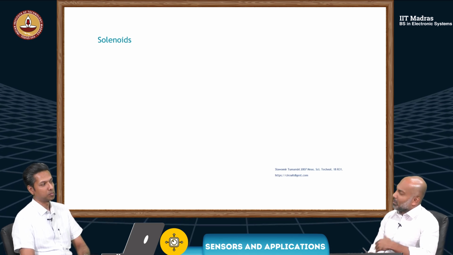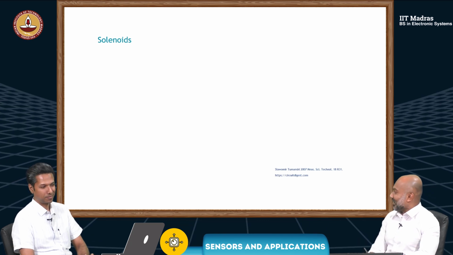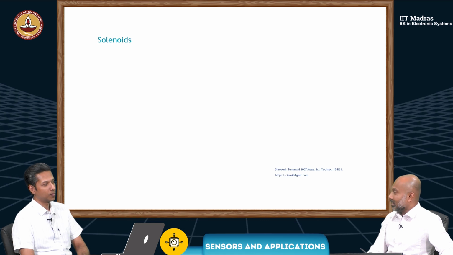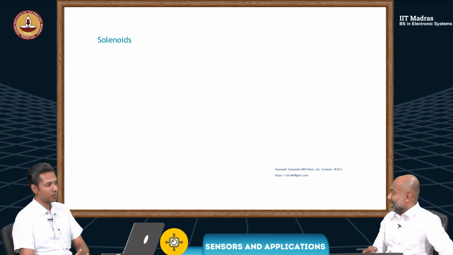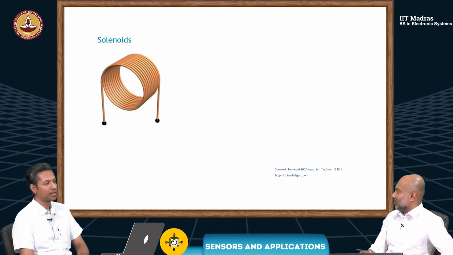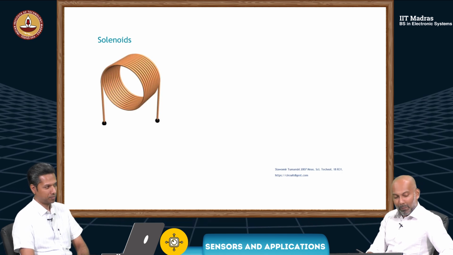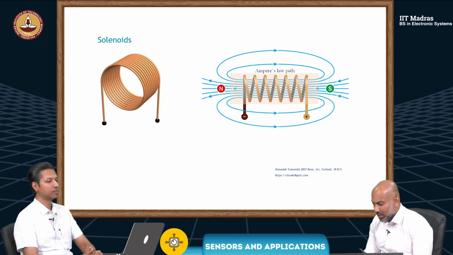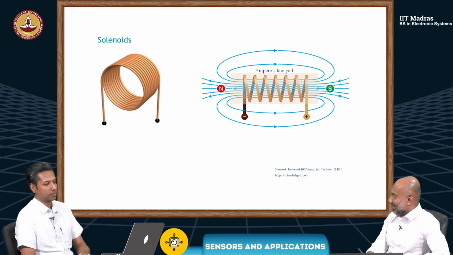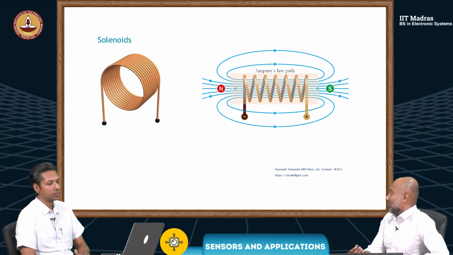Before that, just to ease into coils, I remember yesterday, the first thing you said when we talked about magnetic fields and currents is that if you put a current through a coil, you'll get a magnetic field. One of the most common devices you can build is a solenoid.